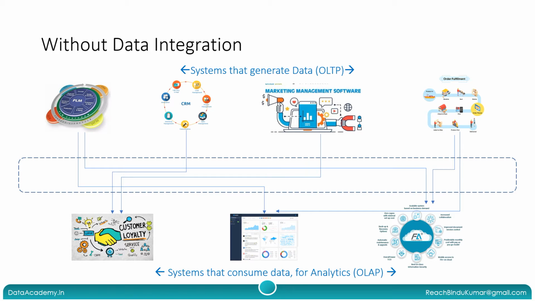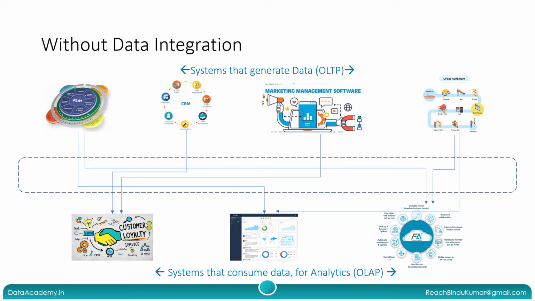So here is a picture where the top side of the slide has the upstream systems. These are the systems that generate data. For example, we have product lifecycle management, customer relationship management, and so on. All these are applications that generate data.